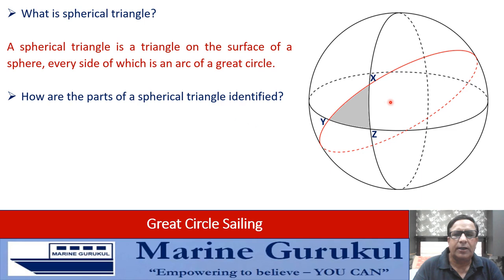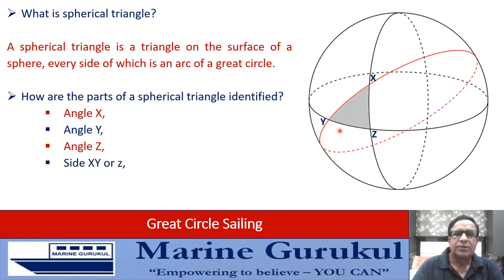Now the spherical triangle also has 3 sides. These 3 sides are the sides opposite to the angles. Sides are either named like XY, YZ, and ZX, or they are represented by the same letter in lowercase as the one used for the opposite angle.